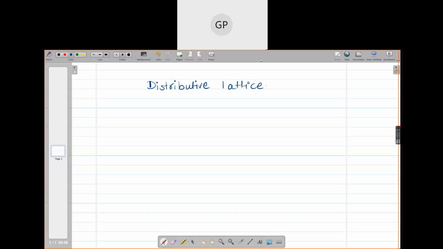In the last lecture, we saw what is complement of an element in a bounded lattice and what is a complemented lattice. Okay, let us just revise it quickly. A and B are complements of each other if A join B is the greatest element of the bounded lattice and their meet is the least element.